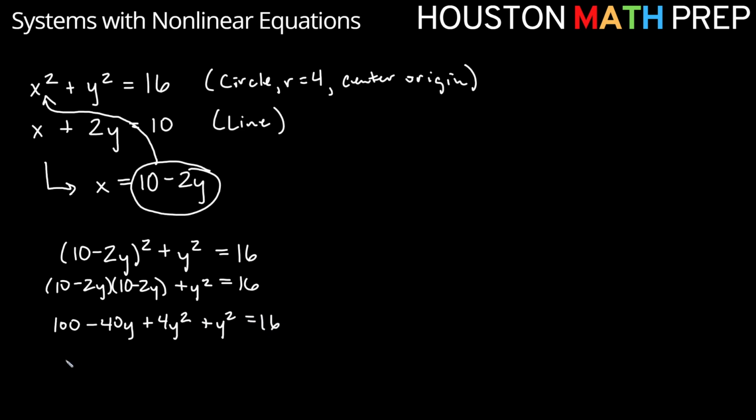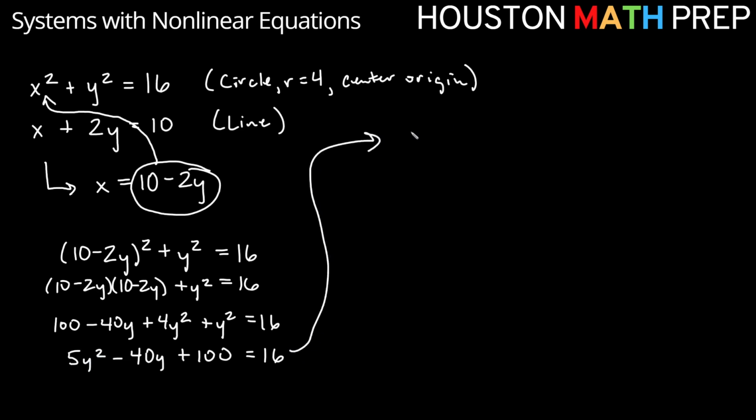And then what you might notice, that'll give us 5y squared minus 40y, if I write them in the usual order, plus 100 equal to 16. Since I see that this is a quadratic equation, just like before, we have our highest power being the square term here, the quadratic term. So I'll try and solve this, maybe try factoring. It might not factor though, right?